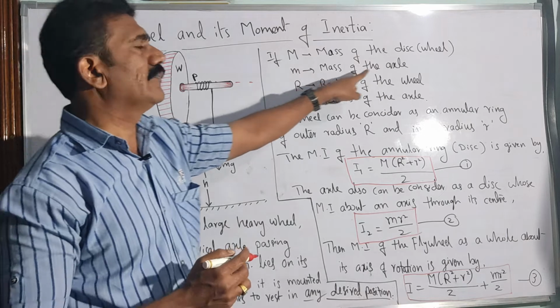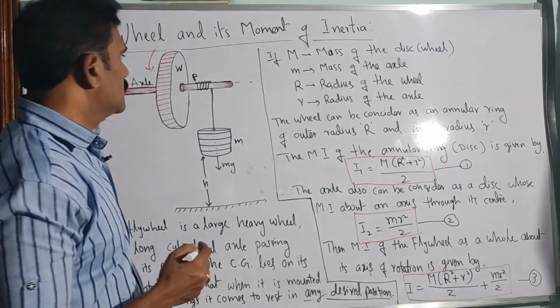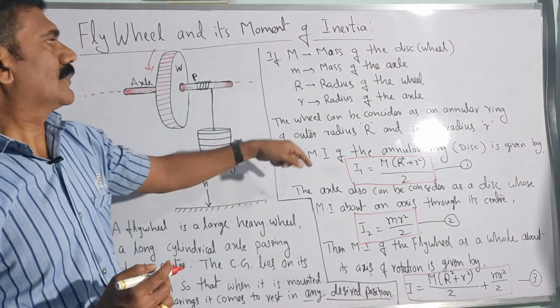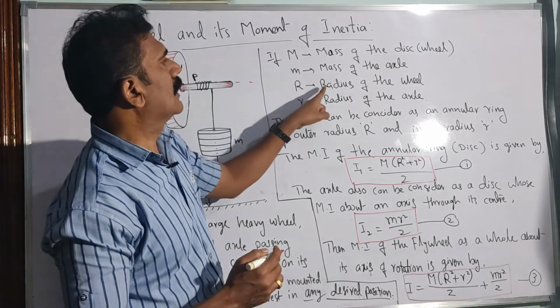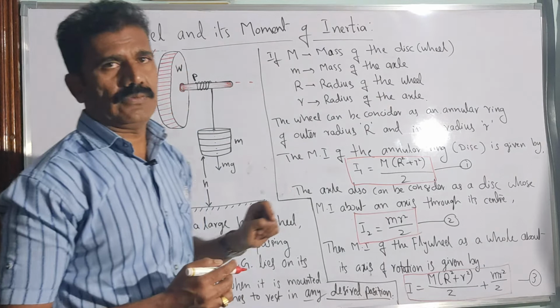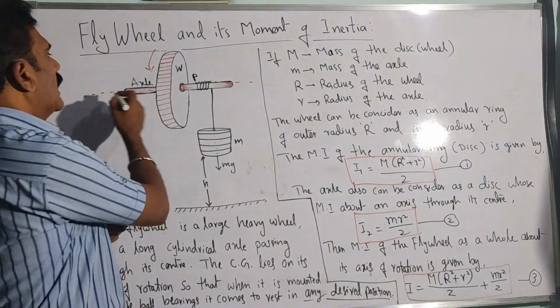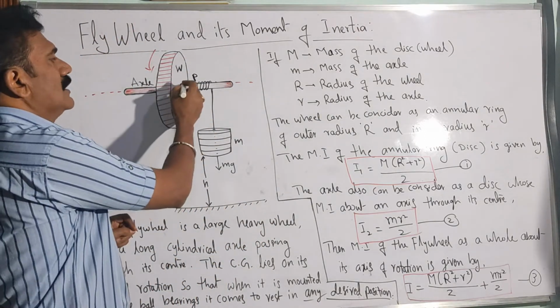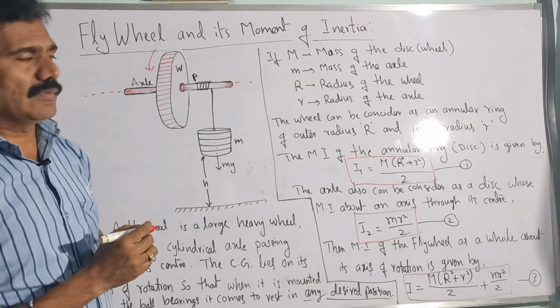Small m is the mass of the axle passing through the center of the disc. Capital R is the radius of the wheel, and small r is the radius of the axle, both measured from the axis of rotation.